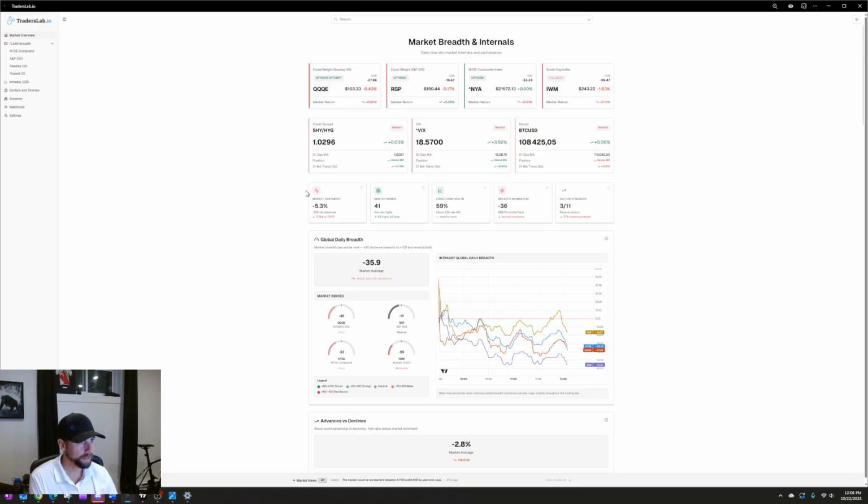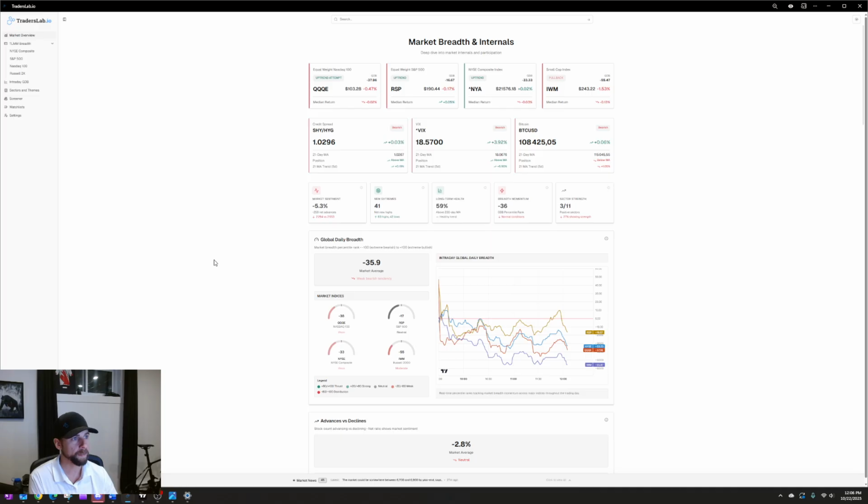Then third is also a new addition where we have very high-level feedback for the internals and the breadth as well. Market sentiment simply concatenates, what's the word in English? It takes all the markets that we're tracking, basically the Nasdaq, RSP, NYSE, IWM.